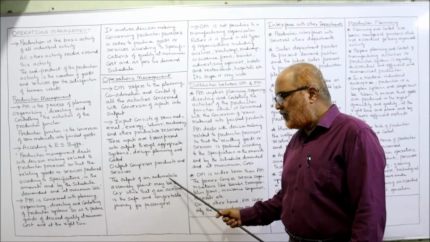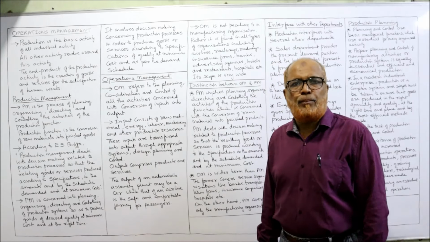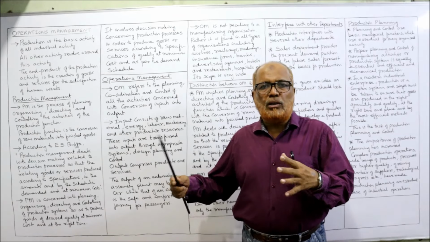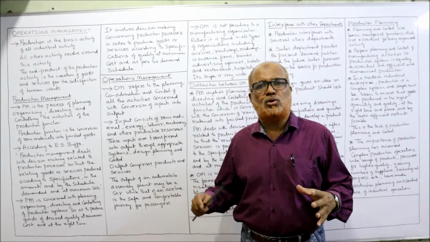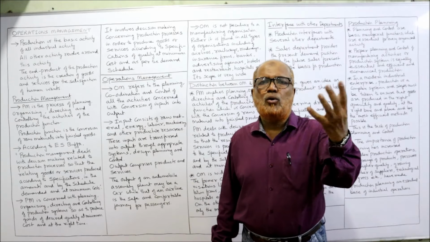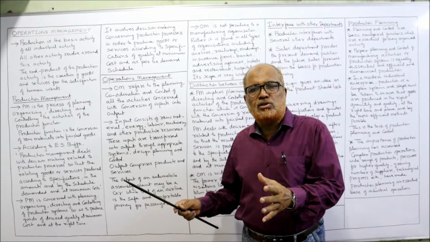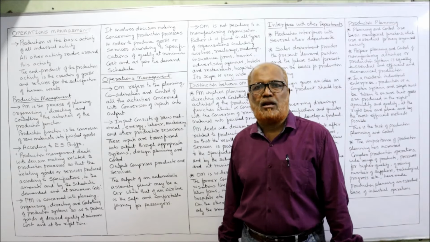Here is one example: an automobile assembly plant, like car manufacturing. The company will combine all the raw material, labor, energy, machinery, all these resources in order to produce the car. So all these are the input resources used to produce the output, that is the car.